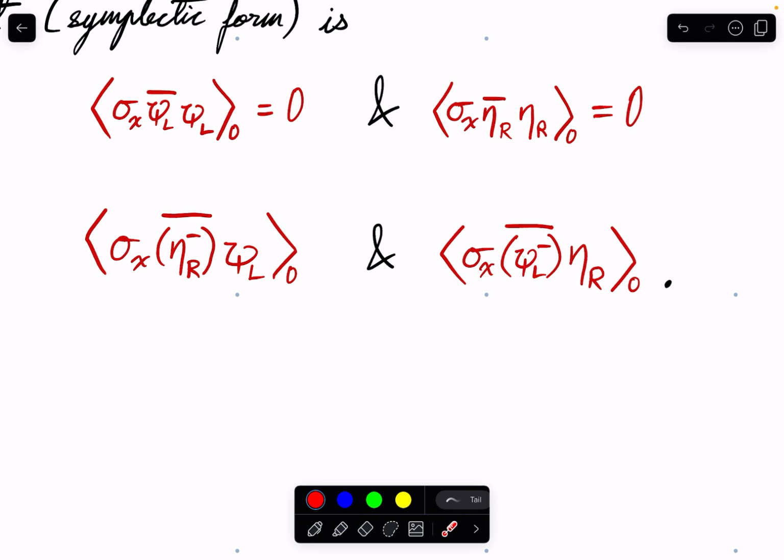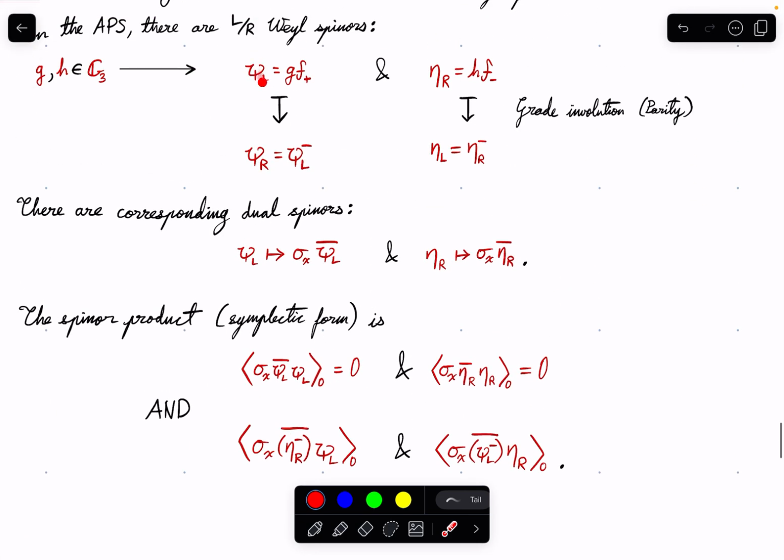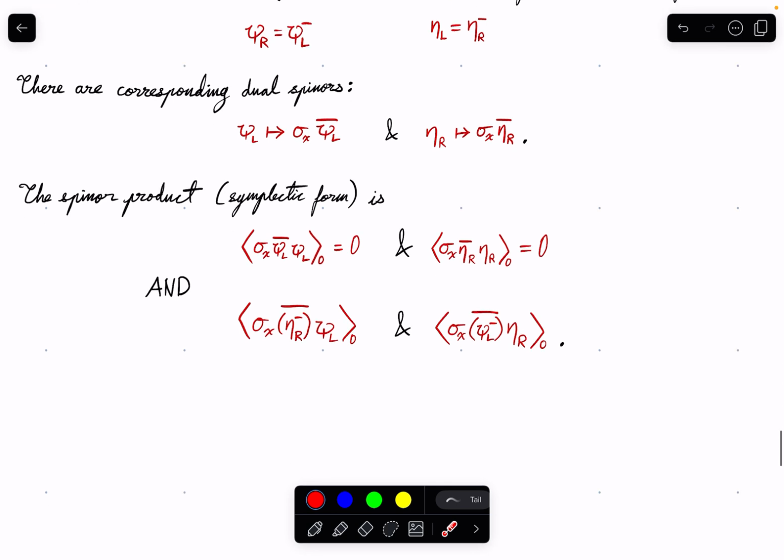What's happening here is that the left spinor is being made into a right spinor, and then the right spinor is becoming a dual right spinor, and then it considers that dual right spinor with the right spinor here. It becomes a product. So when we have spinors interacting in forms of products, these are the forms in which they interact.